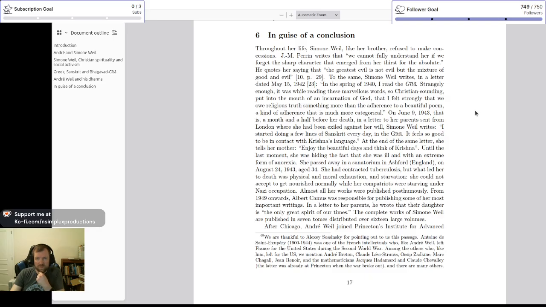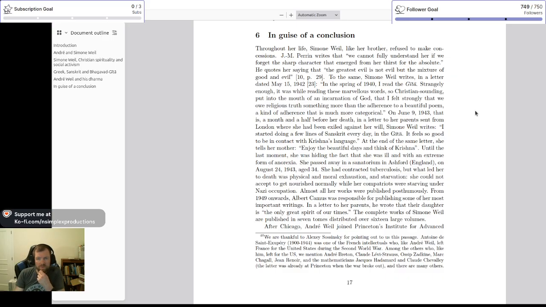To the same, Simone Weil writes in the letter dated 15th May 1942, "In the spring of 1940 I read the Gita. Strangely enough, it was while reading these marvelous words, so Christian-sounding, put into the mouth of an incarnation of God, that I felt strongly that we owe religious truth something more than adherence to a beautiful poem, a kind of adherence that is much more categorical."